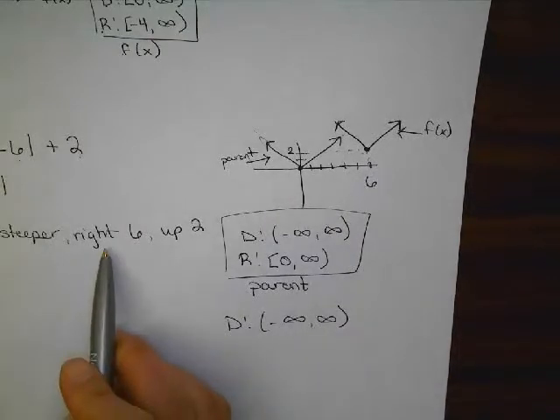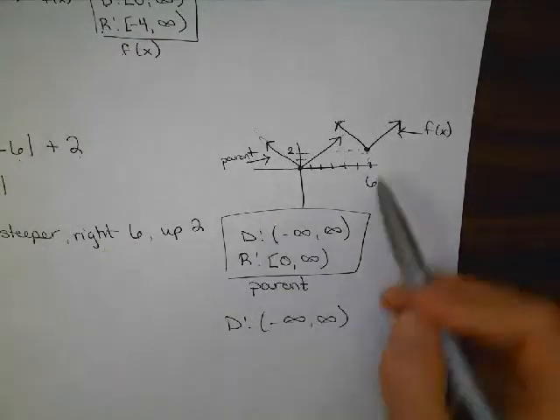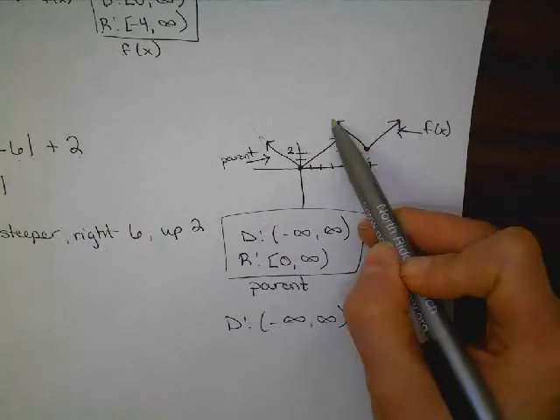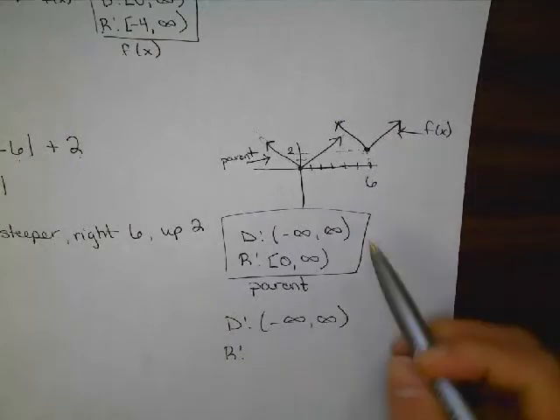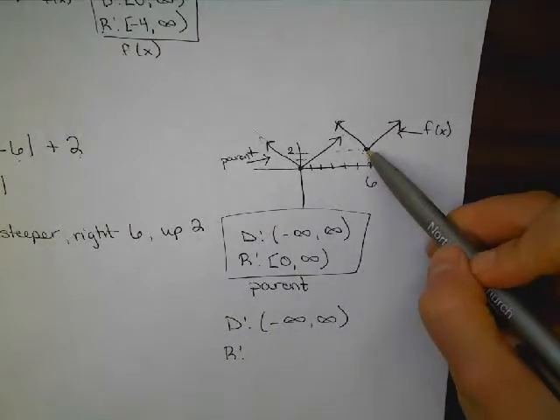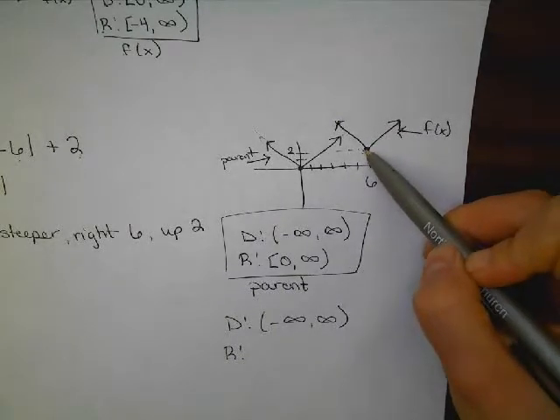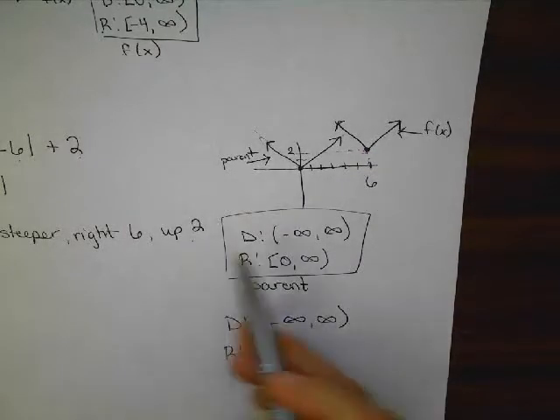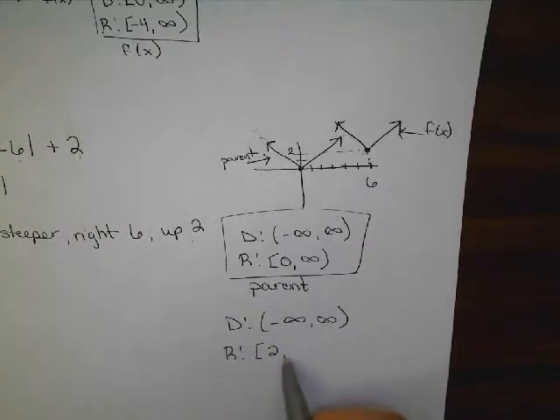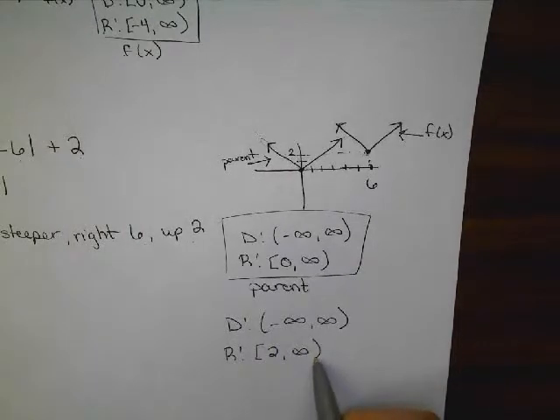So again, even though I moved to the left and the right, that didn't change this because the domain goes in both directions. My range, however, did change, because if you look at where this vertex is, now it starts at 2. And the reason the range starts at 2 is because I moved up 2. So my range is now from 2 to infinity.